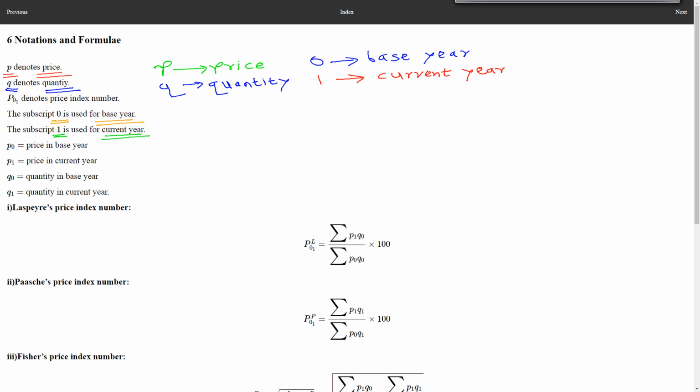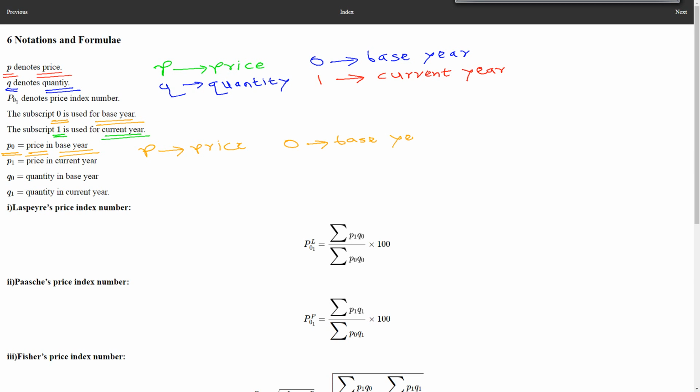So what will P0 denote? It will denote price in base year. Why is it? Because P denotes price and 0 denotes base year.